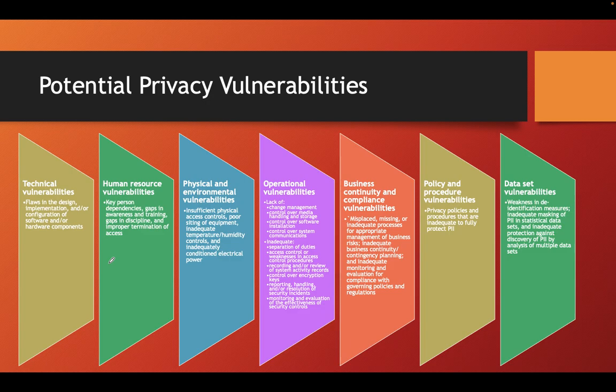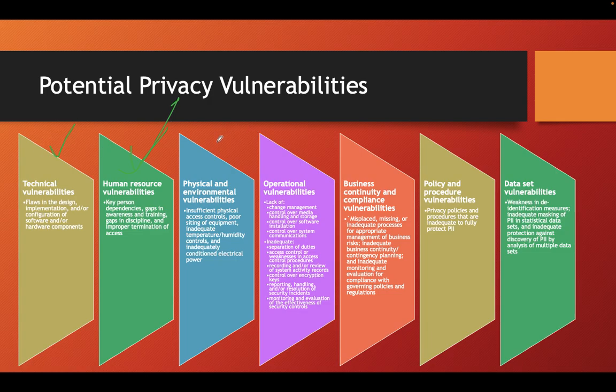You have the human resource vulnerability. The human resource vulnerabilities are the flaws in the persons, the persons that carry out training, employment, and recruitment, the gaps in awareness and training, gaps in discipline and improper termination of assets and so on and so forth. All those gaps can create what we call the human resource vulnerability.